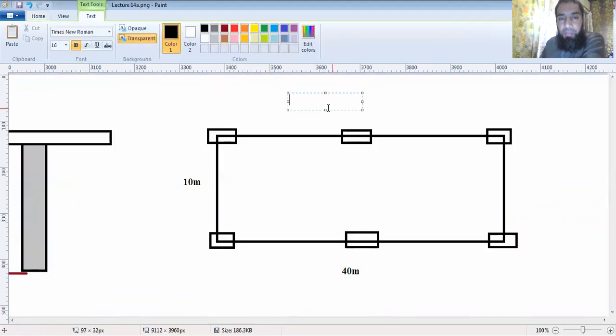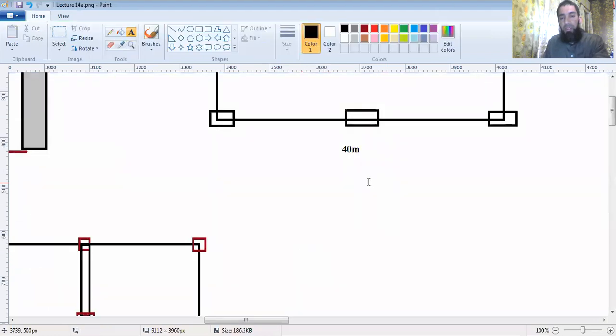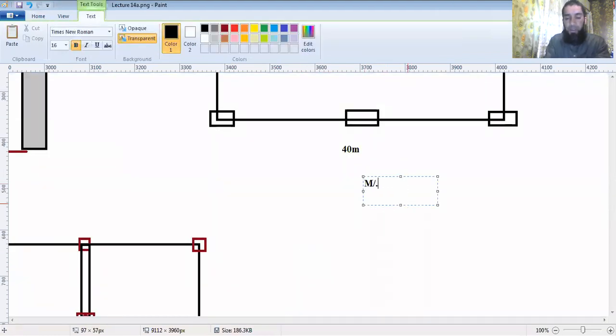Then the column, because it's D square, area of the column. When you have a moment of inertia for the column, moment of inertia of a particular column would be BD cube by 12.